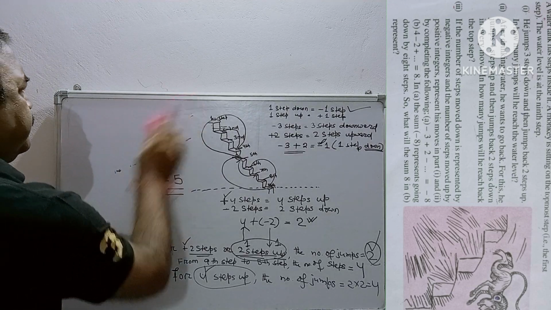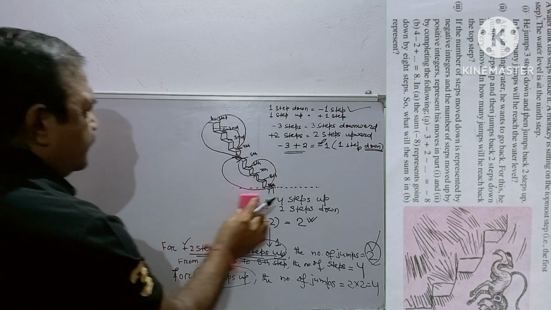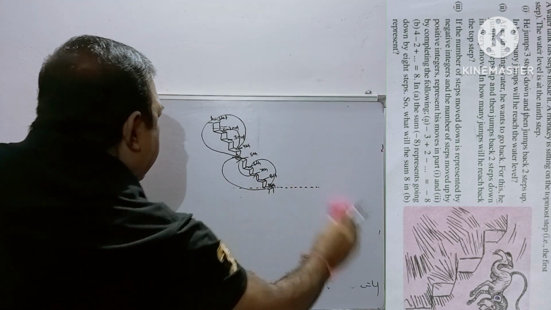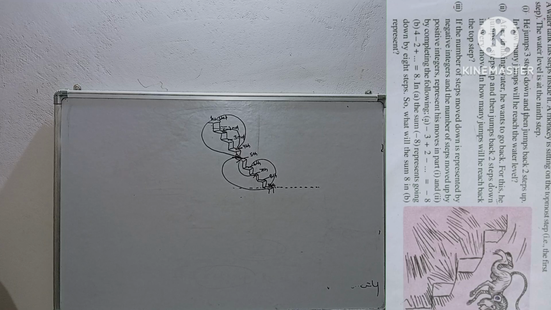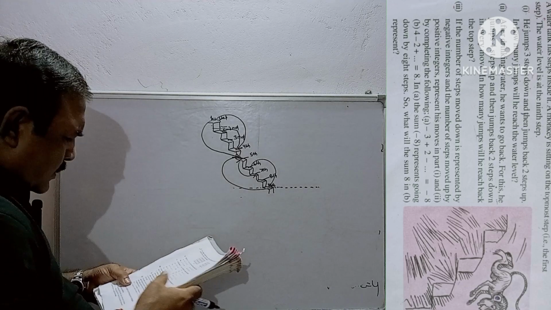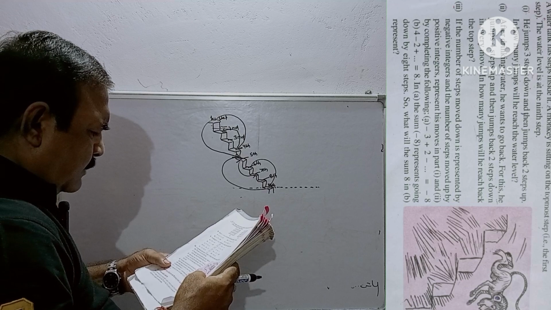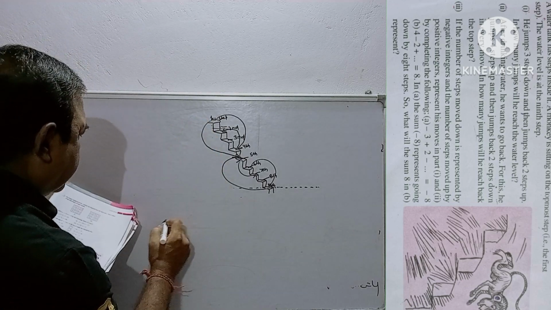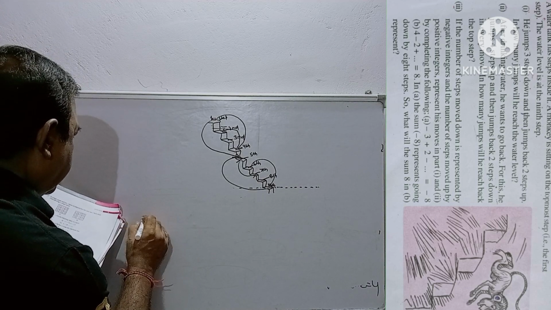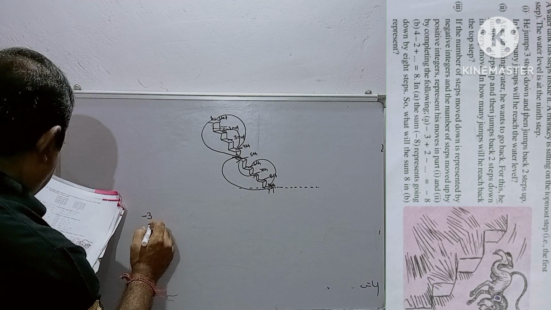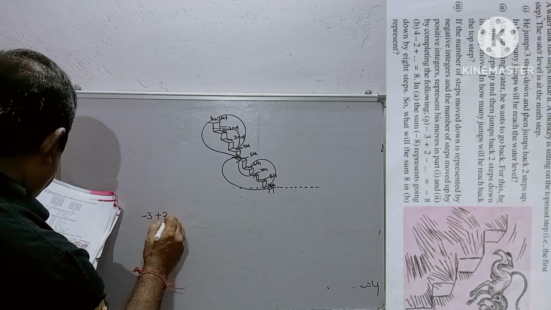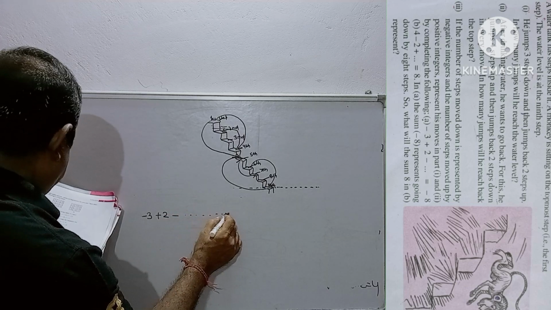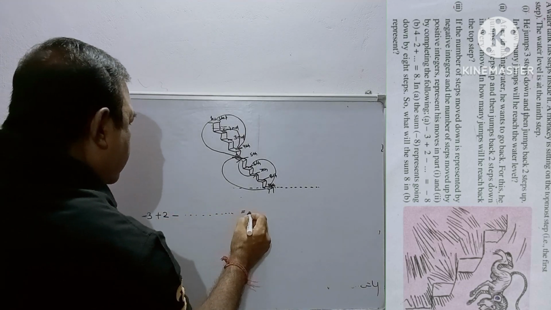Again I want to erase it. And you see what is happening here. Also the third part, if the number of steps moved down is represented, you say the number of steps has been represented like this, -3 plus 2, like this, it has been given, is equal to -8.